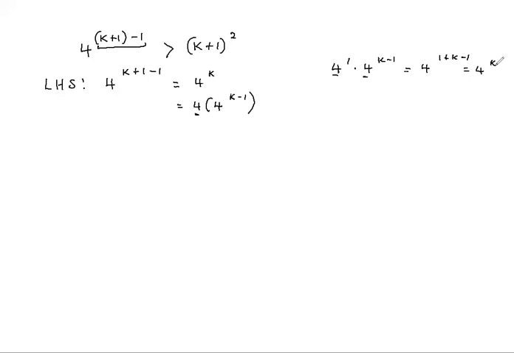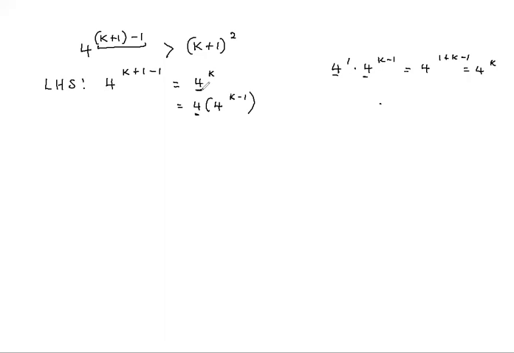So can you repeat on this one? Yes, I can kindly repeat. Okay. So we have 4^(k+1-1). I've just expanded it, so that we get 4^k. We have now picked only the left-hand side.